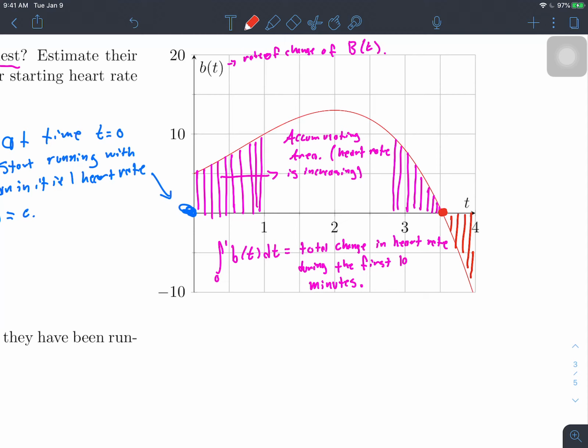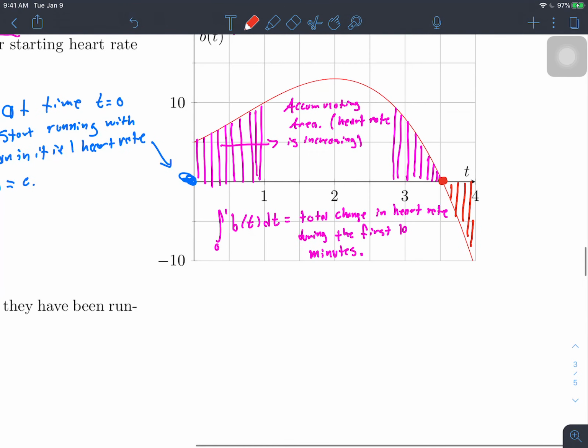So as we move from left to right, we're accumulating area, our heart rate is increasing. Yeah, this is rate of change.